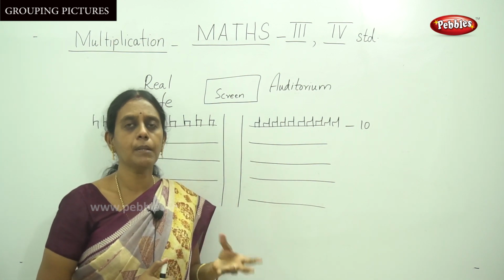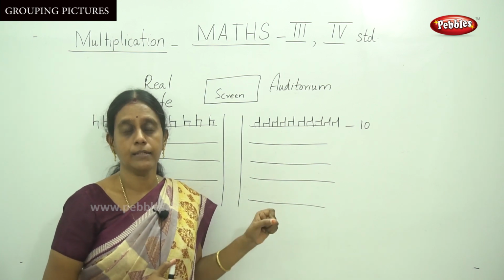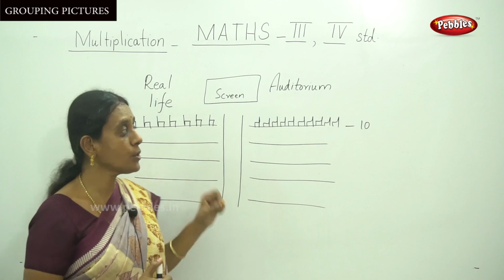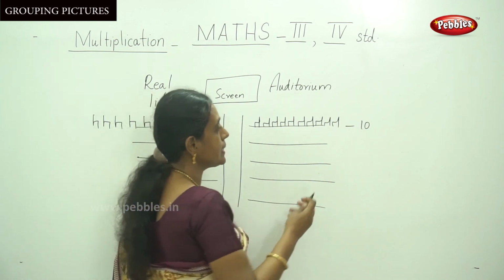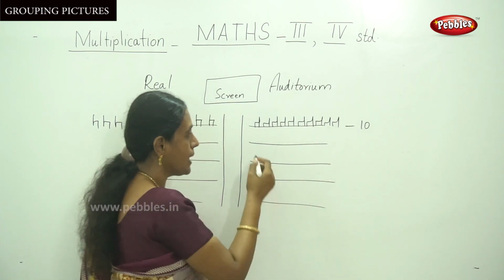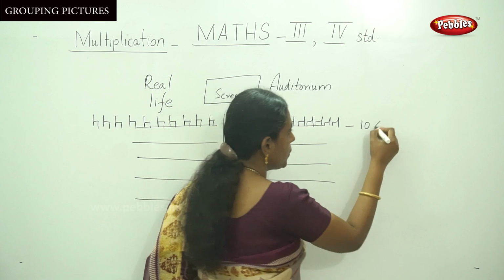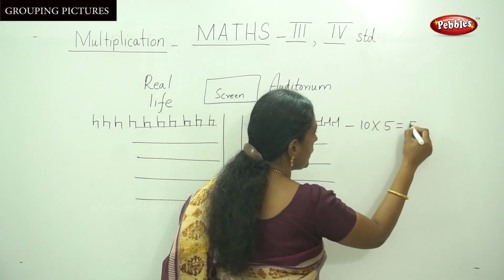So this is the need for multiplication. Do you understand this? On the right hand side each row has 10 chairs and here there are 5 rows. So 10 into 5 is 50.